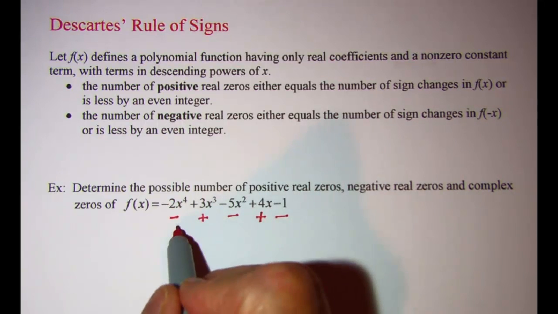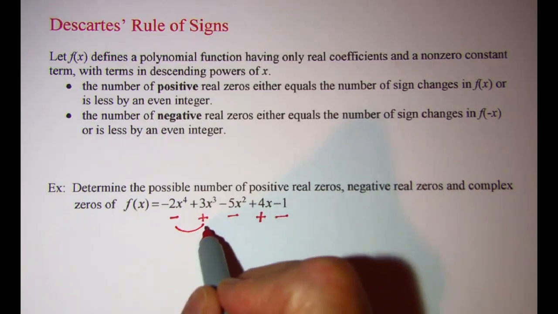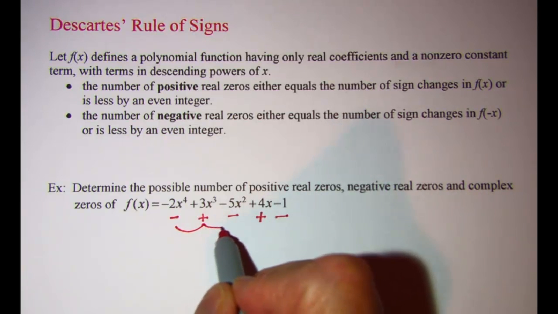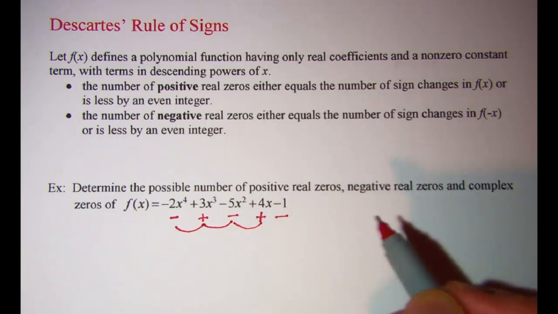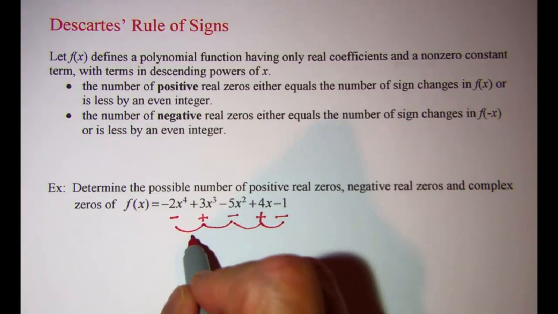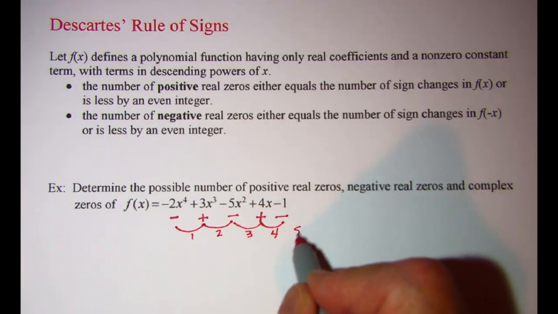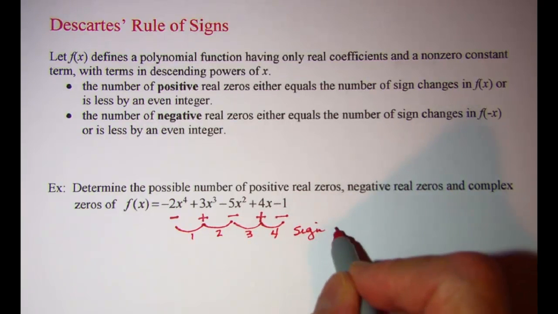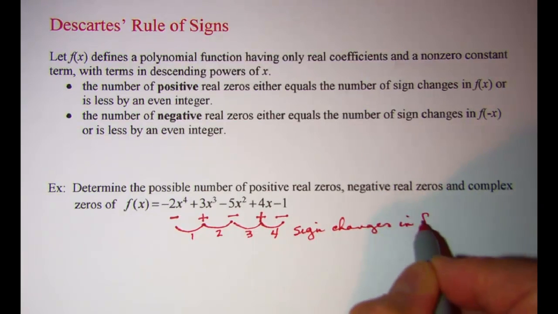So we can see a sign change going from negative to positive. We have another one going from positive to negative. We have one going from negative to positive, and then we have one going from positive to negative. So we have 1, 2, 3, 4 sign changes in f of x.